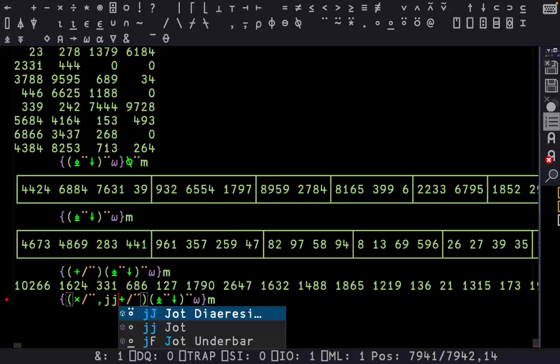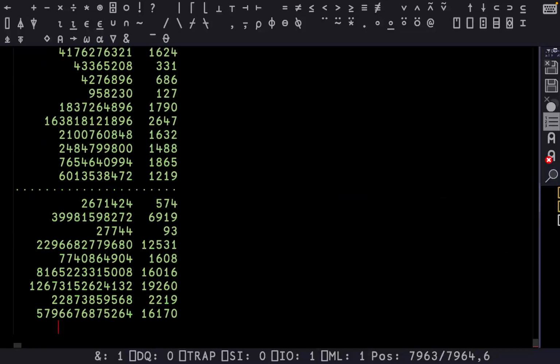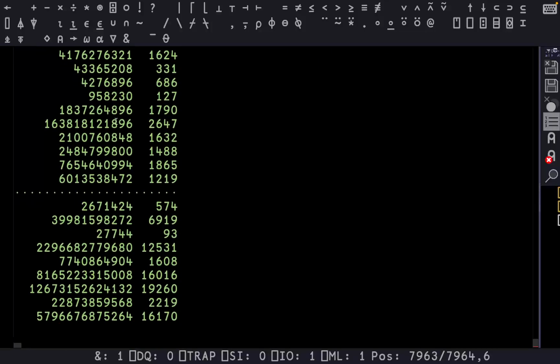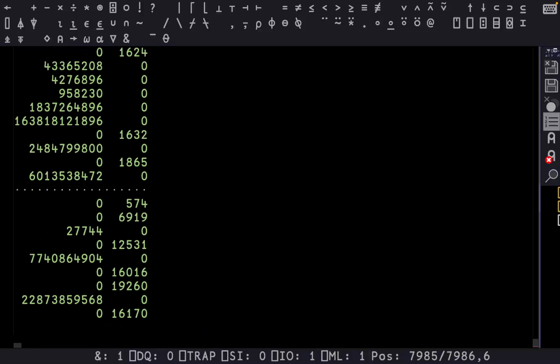And we can put them together in a matrix by doing this laminate concatenate thing. And so for each one of our math problems, these are the results of multiplying them together and adding them together. And now it's as simple as just multiplying by our selection matrix.